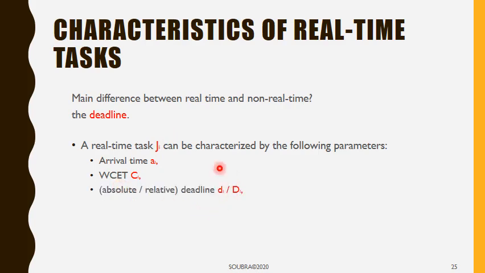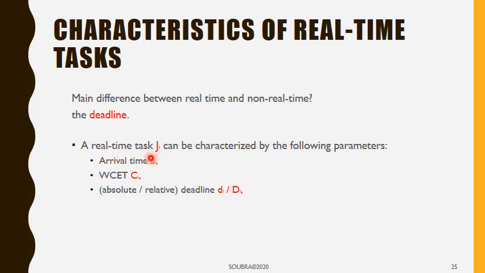Something extremely important in real time: relative or absolute deadline. The relative one is capital D, and the absolute one is small d. Absolute is wall clock time. This means that at any cost, before 12 o'clock, the lecture should be done. Relative is relative to when we got into the system, so it's relative to when the lecture has started.